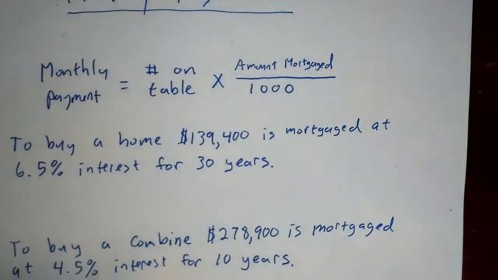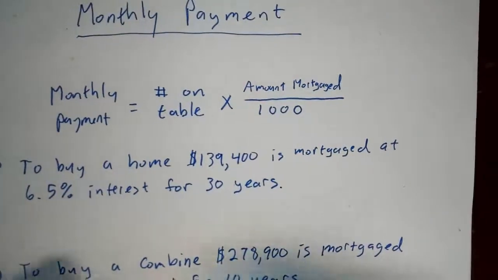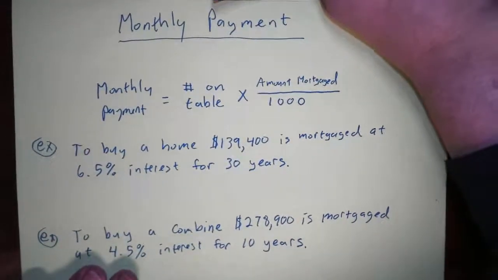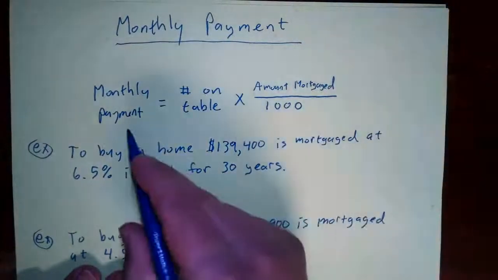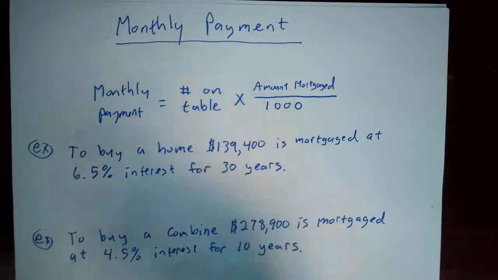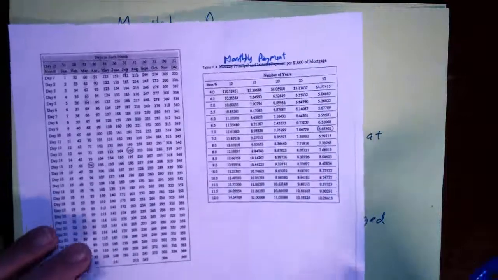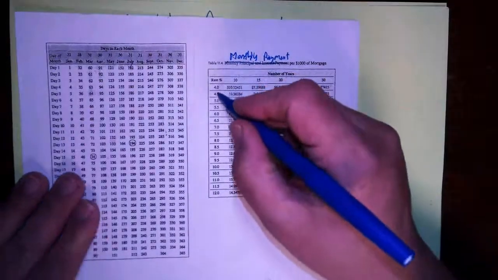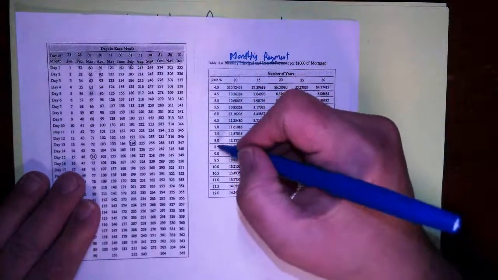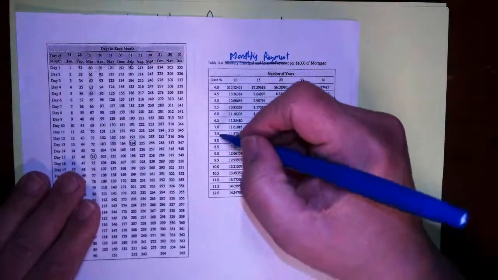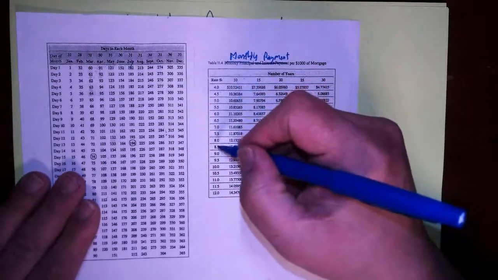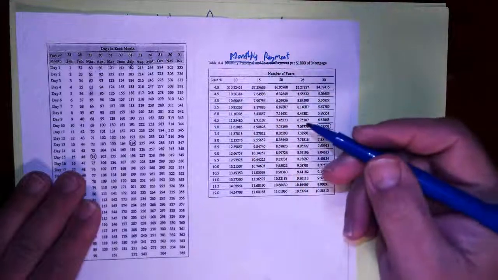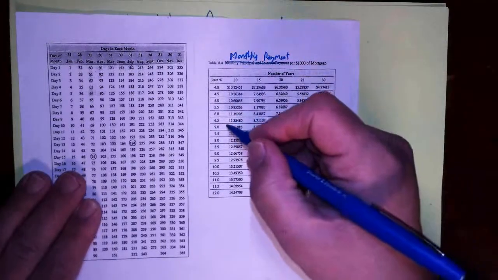Okay, so what I've done here is I put together a little formula, and you could use this to find the monthly payment. The monthly payment is equal to the number on the table. The way you get your number on the table is you look up the interest rate of your loan down here, and this only goes to the nearest 0.5%. So in that sense it's a very limited table. They have tables that are more detailed than that.